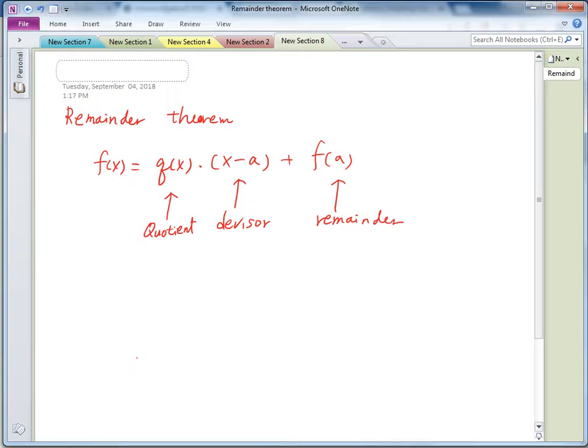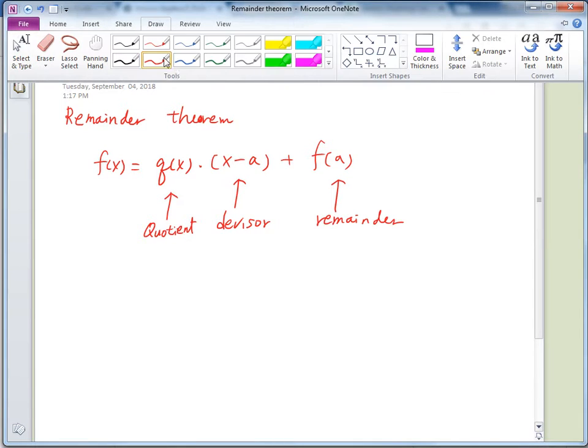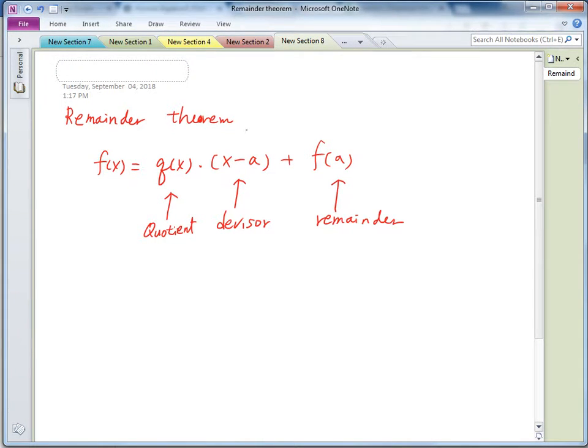So that is the meaning, and the theorem says the remainder when you divide the polynomial by this divisor is the constant f of a. So I'm going to divide by x minus a. That means I'm going to plug a in here, right? If I put a here, what do you get? A minus a will be 0.